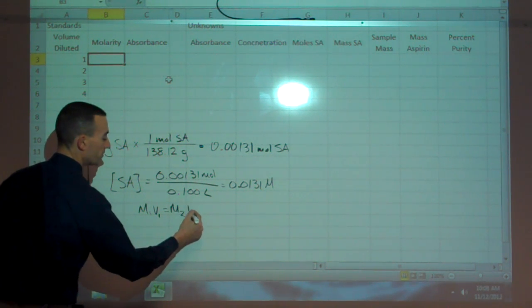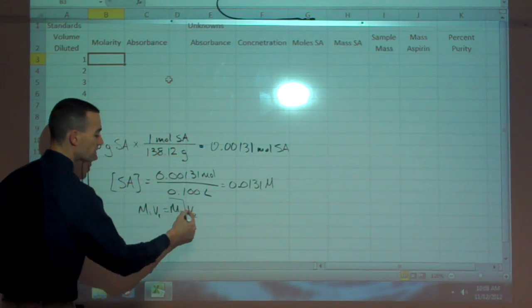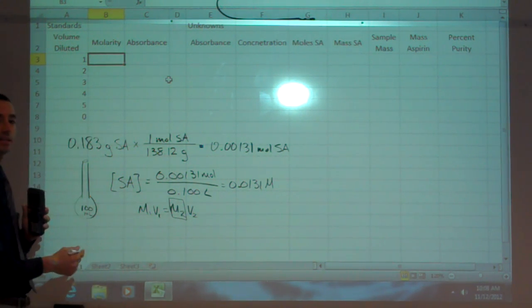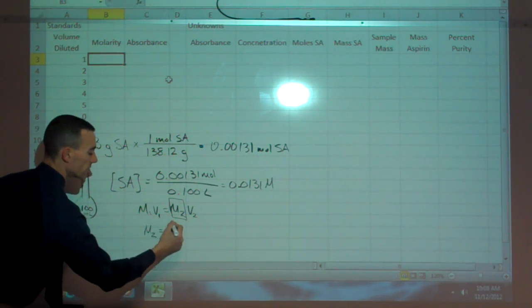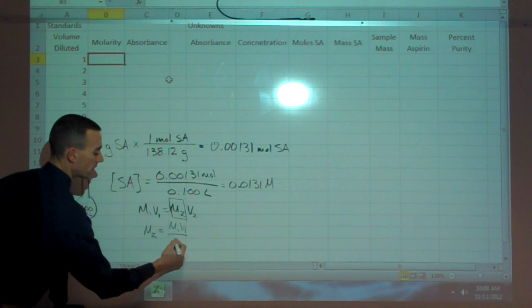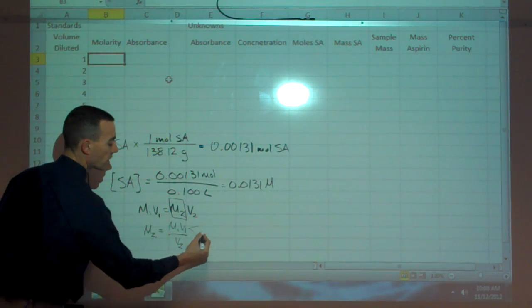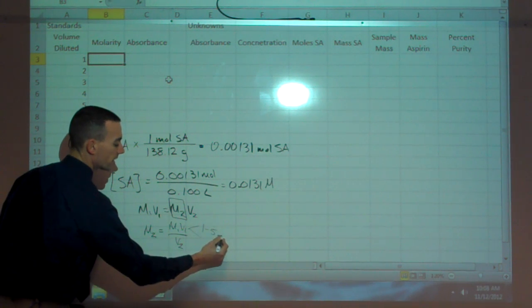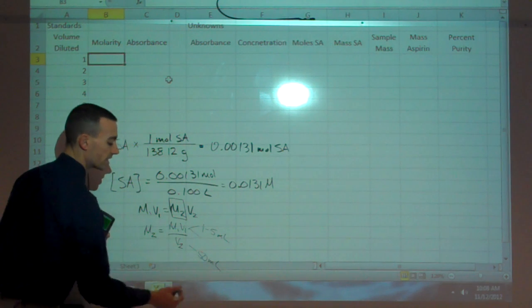M1V1 equals M2V2. And what we'd like to know for each of those new solutions is what is its concentration. So M2 is going to be M1V1 divided by V2, where our V1s are our 1 through 5 milliliters, and our V2 was always 50 milliliters.